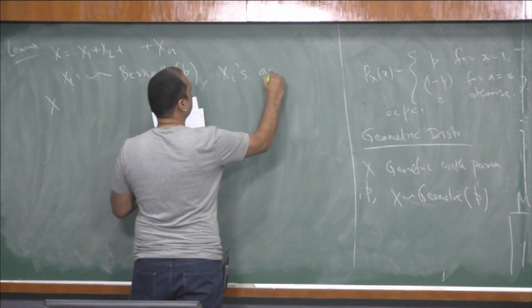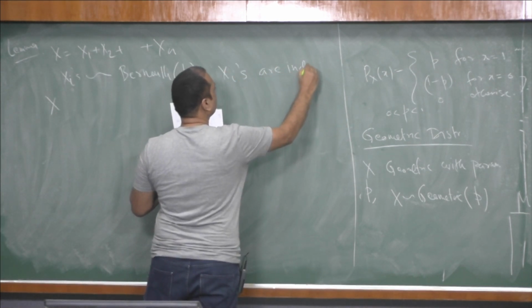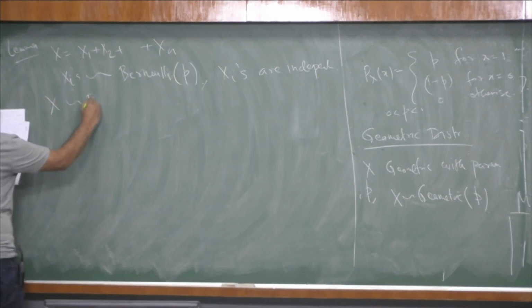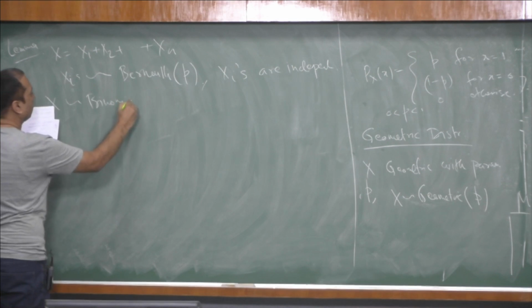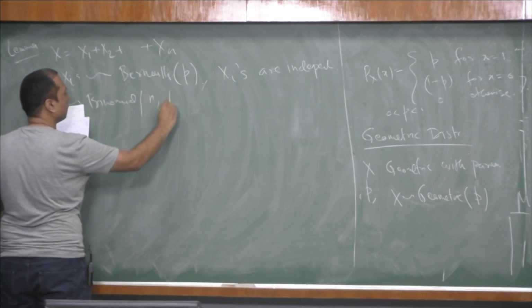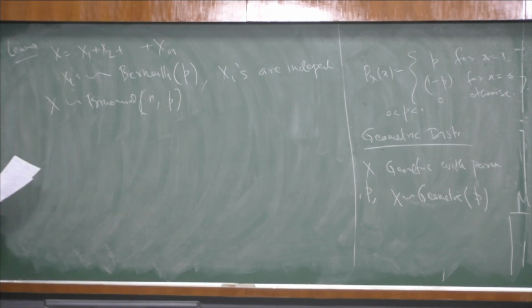If the Xi's are independent, then X is binomial with n, the number of terms you summed, and the same p. So this is a fact that's good to know.